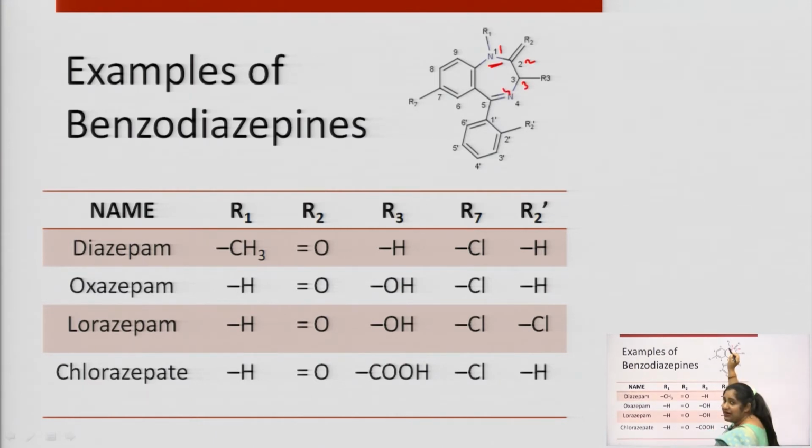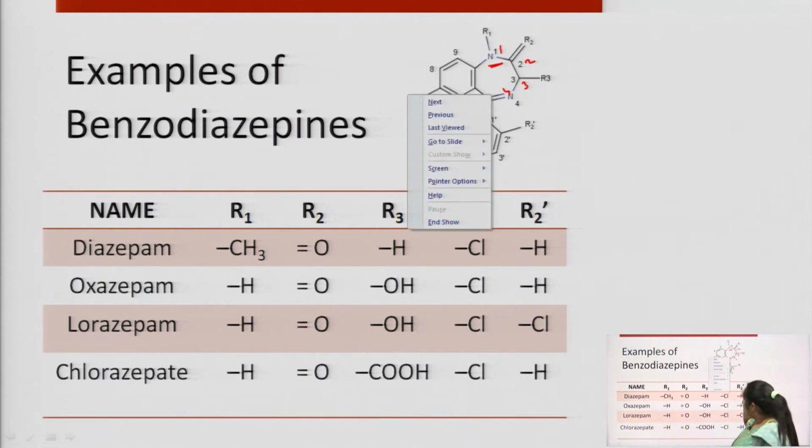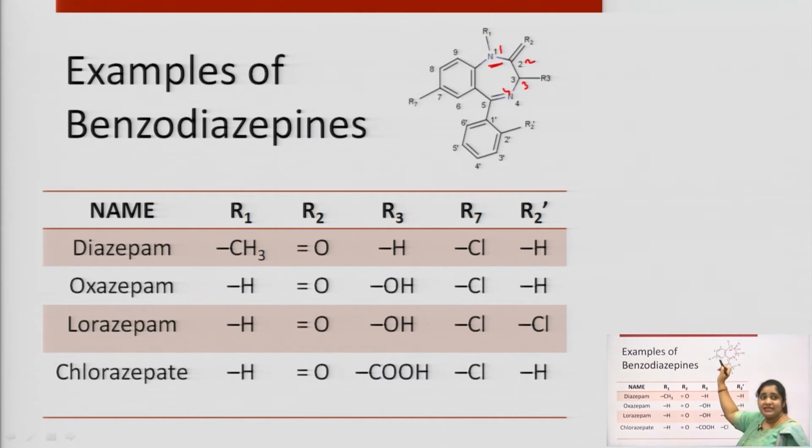One nitrogen is at the first position and the next nitrogen is at the fourth position, then fifth. We have skipped this fusion phase; we will not give a number to this fusion phase. Then 5, then this is 6, this is 7, 8, 9 and so on. This can be given as 10 and 11.